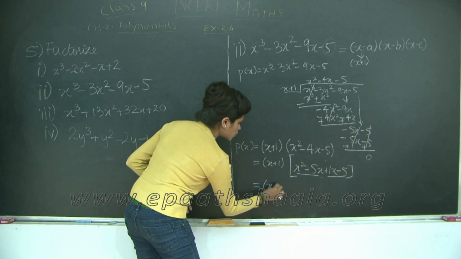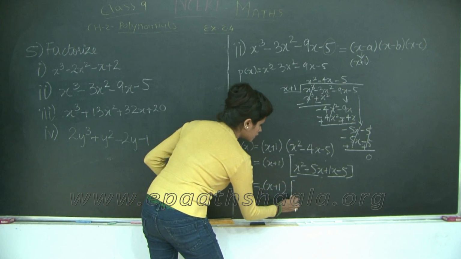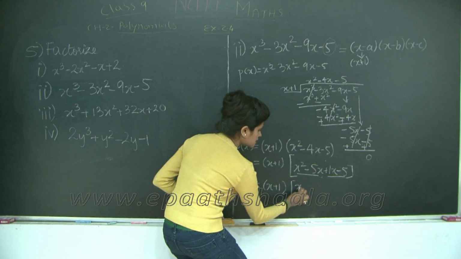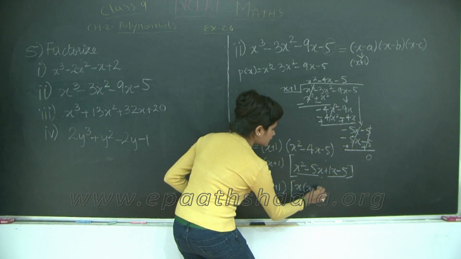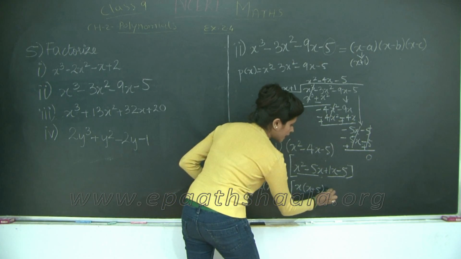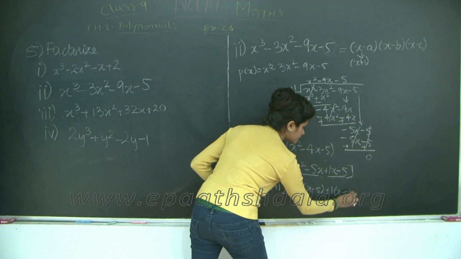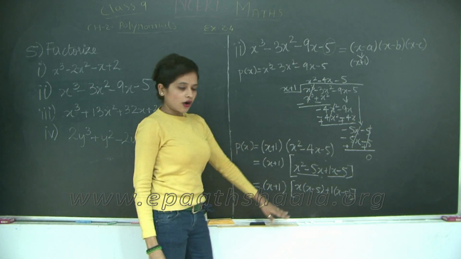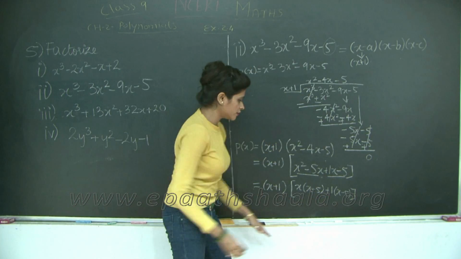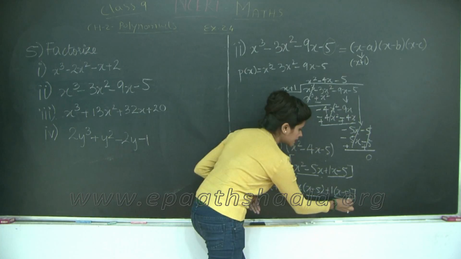So x plus 1 into, what is common here, x into x minus 5 plus 1 into x minus 5. Right? Now I have x minus 5 common in both these terms, so I'll take that common.